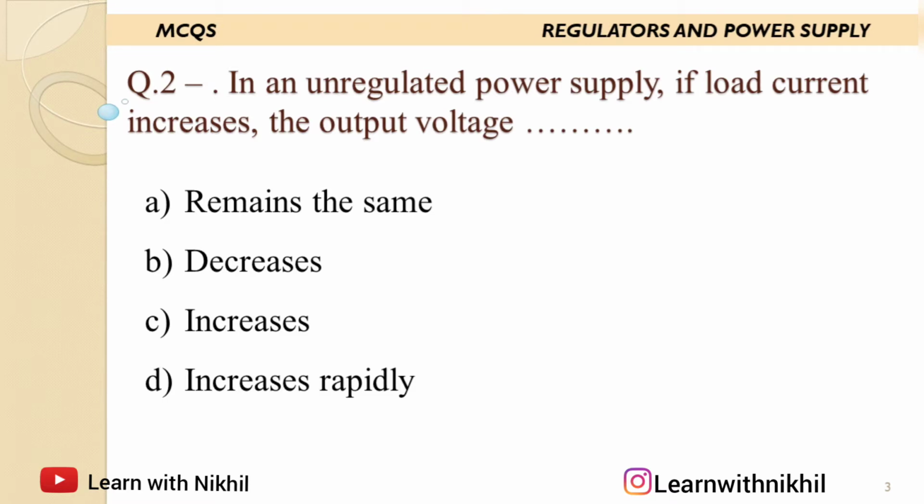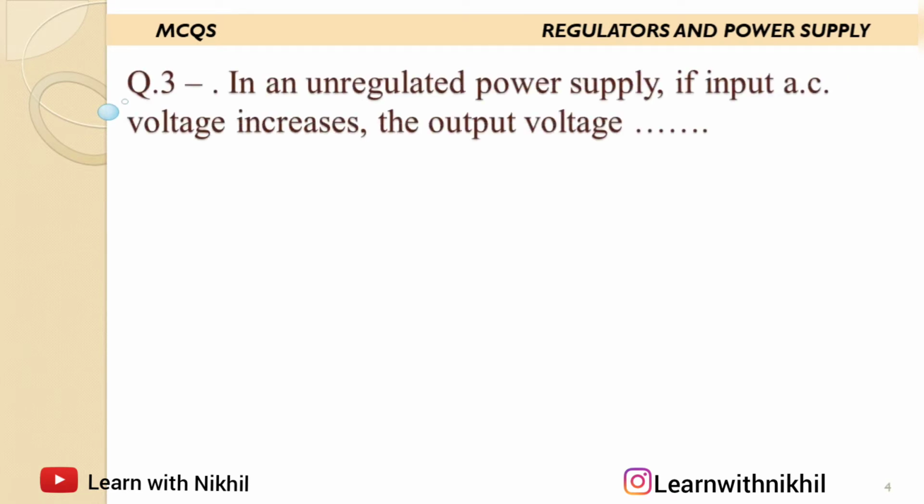If the output current increases, the output voltage dash. So obviously, as you know, the current and voltage is inversely proportional to each other. So if the output current increases, or the load current means the output is connected and it is draining the output, so the output voltage will decrease.